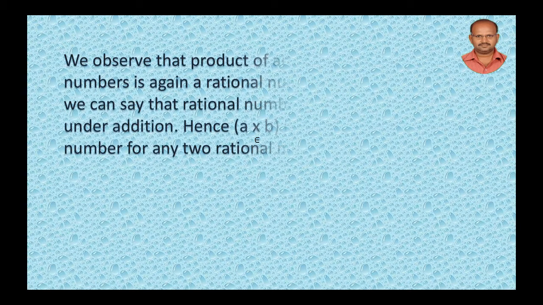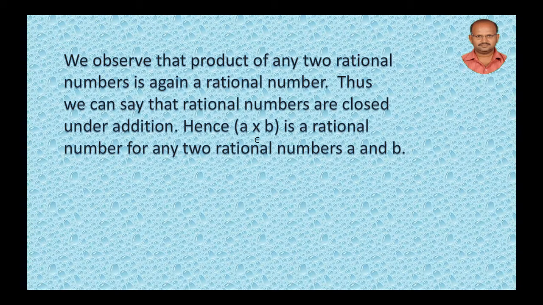We observe that the product of any two rational numbers is again a rational number. Thus, we can say that rational numbers are closed under multiplication. Hence, a into b is a rational number for any two rational numbers a and b.